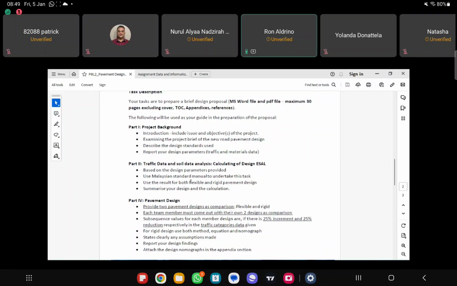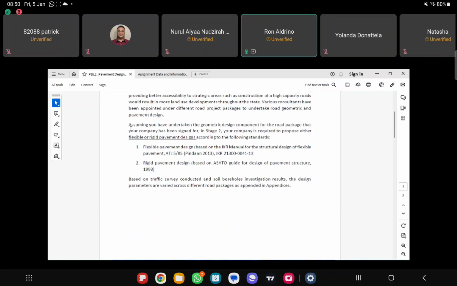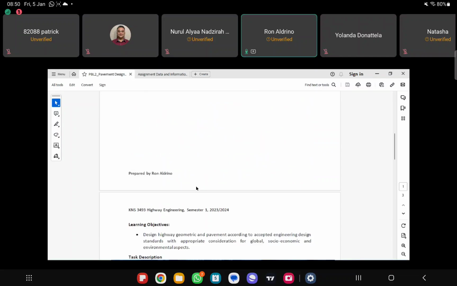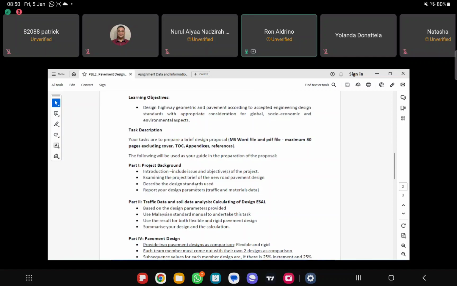And then after that, part 2, traffic data as well. Based on the design, you use the Malaysian Standard Manual to undertake this task. Use the result for both the flexible and rigid pavement and summarize your design and the calculation. Although it is mentioned here that you are required to propose either flexible or rigid, you must make sure that you design for both flexible and rigid pavement.